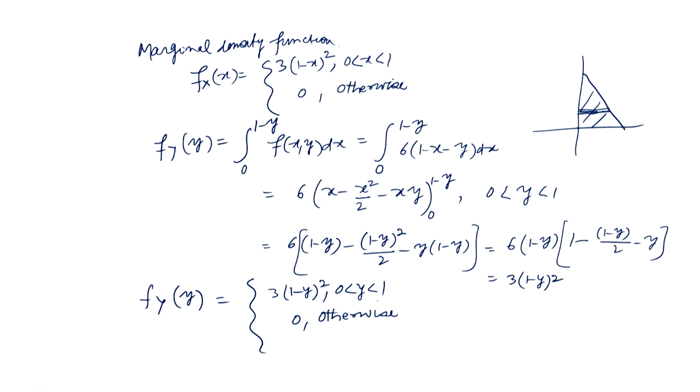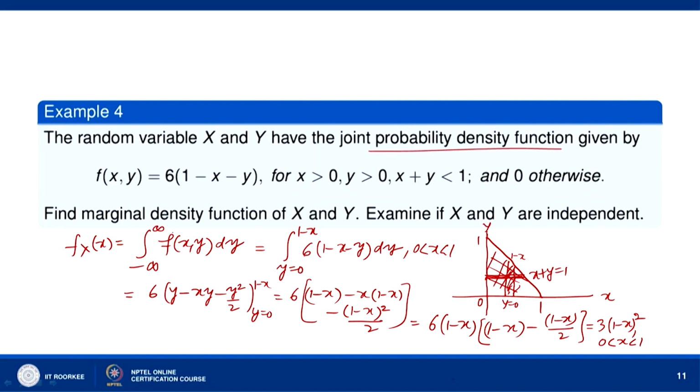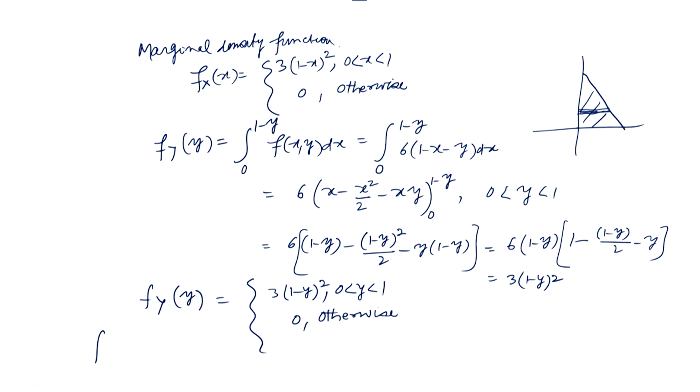Okay. Now, we have to answer whether the variables x and y are independent or not. So, if they are independent, f(x,y) must be equal to f_X(x) into f_Y(y). Okay. So, let us check whether it is true or not.